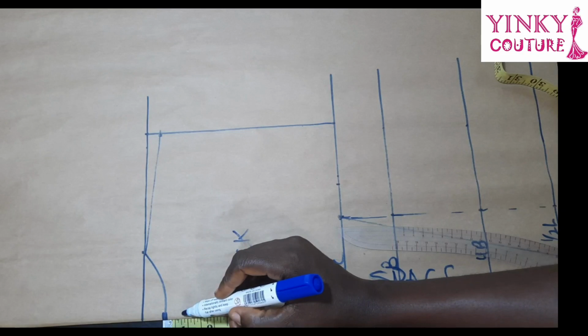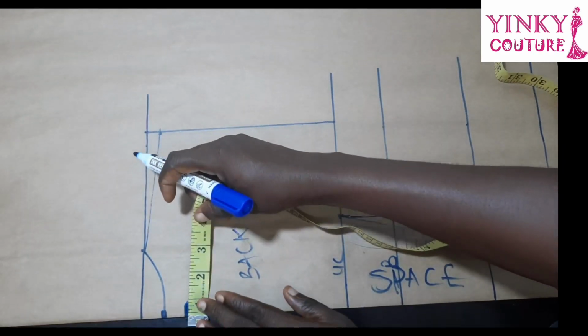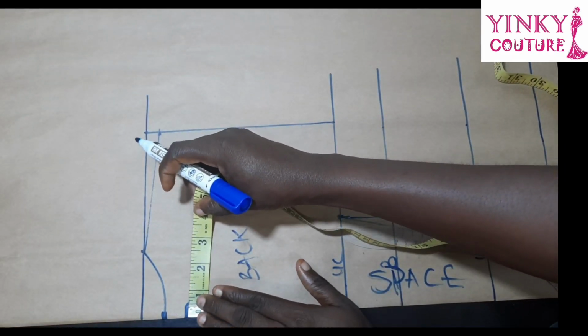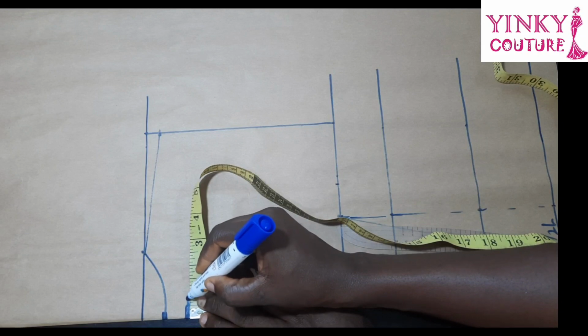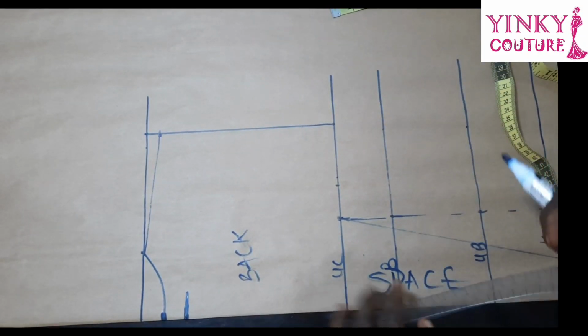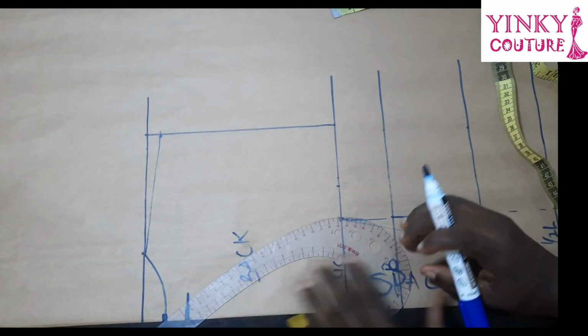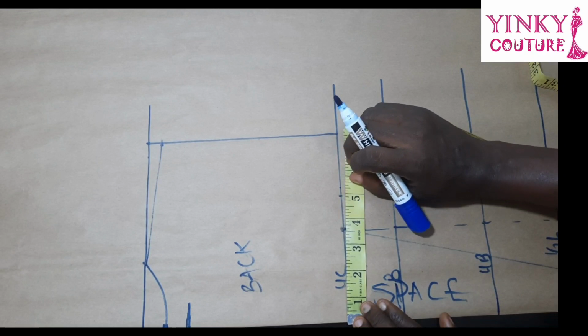Then here I'm going to take another 1 inch. This will be my button allowance. Then I'll go inside by another 1.25. So this is just my button allowance. You can put your button here, or you can also put your hook and eye.